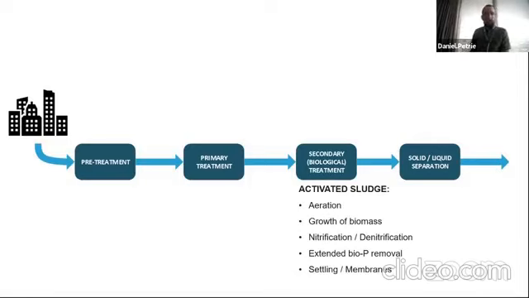Some of them are good at converting ammonia so that you don't have so much ammonia in the water. Some of them are good at converting nitrate so that you don't have nitrate in the water. And some of them are good at assimilating dissolved phosphorus into their cell structure, which helps you remove phosphorus from the water. But ultimately, we're just talking about biomass and bacteria.